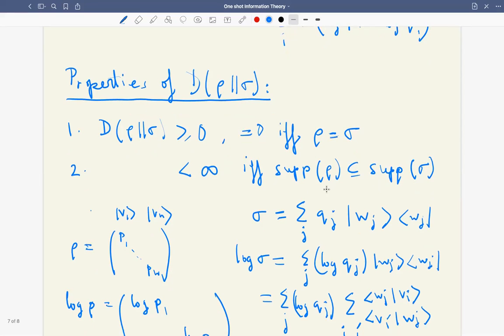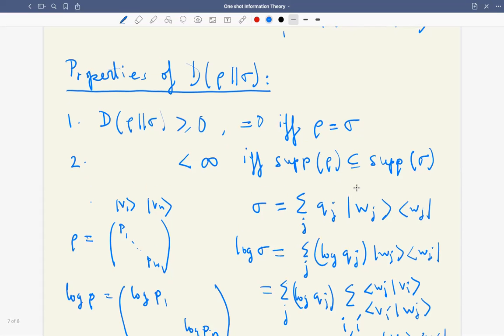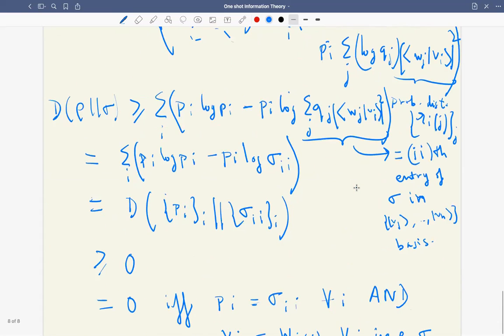This is reminiscent of what you've seen classically, that D(p||q) is finite if and only if the support of p is contained in the support of q. There the support of p was the subset of the sample space where the probabilities under p are strictly positive. So the sample points which get positive probability under p also get positive probability under q. And this is the exact quantum analog. But let us see how this works. We have done all the hard work already.